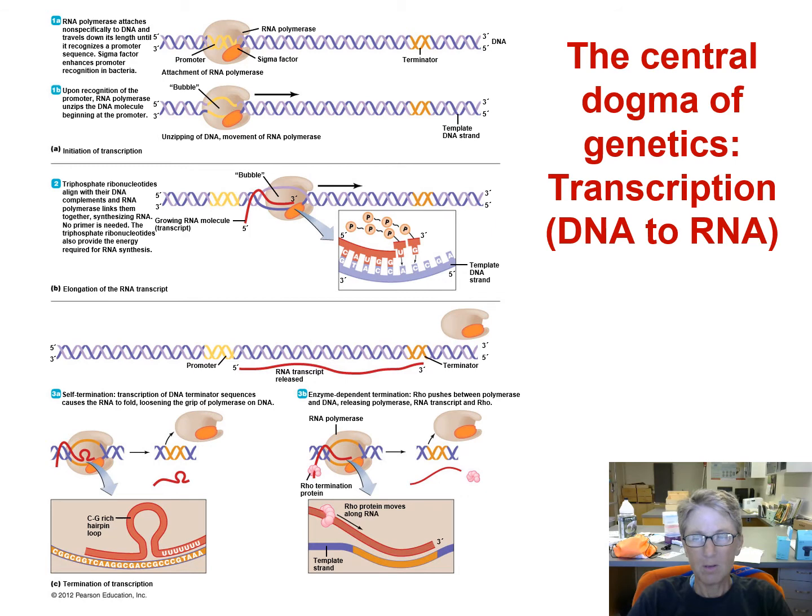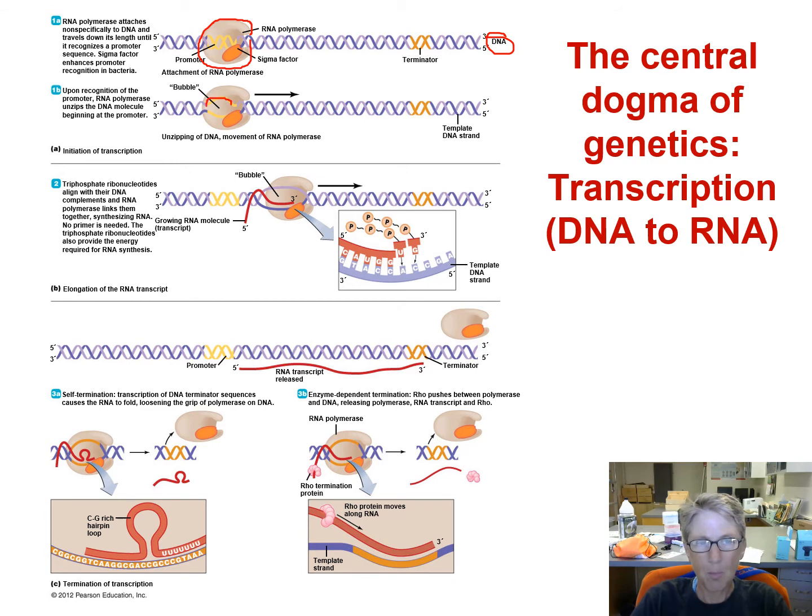So these are details which you don't really have to know for the test, but in the top cartoon, this is DNA, the double helix, and when you're ready to transcribe DNA into RNA, you need an RNA polymerase. So poly, making a polymer, ase, so it's an enzyme. The RNA polymerase attaches to DNA.